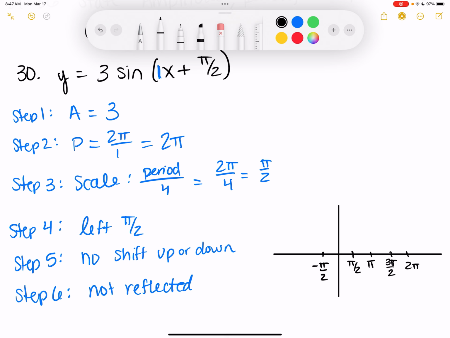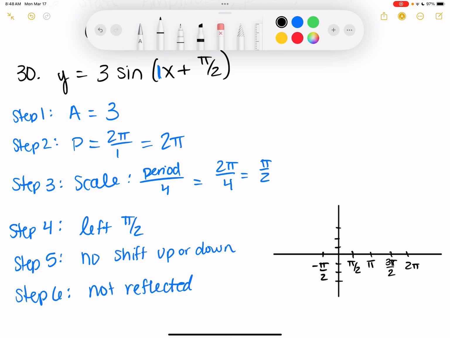Now, there are times where it's possible this could have gone left pi. Then I would have needed to add 2 spots because everything's going left 2 spots. And then the amplitude is 3, so I'm going to put 3 little marks here on top and bottom because that's where that's going to. Again, if it was shifted up or down, I may need to add some more above or below.